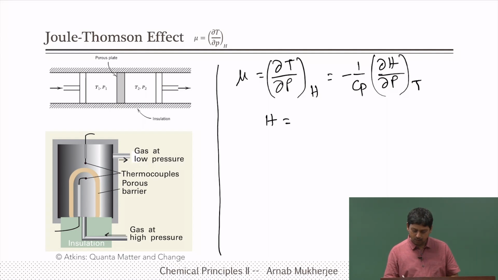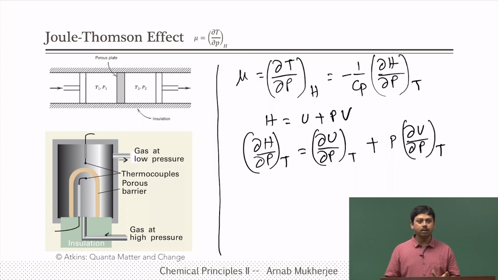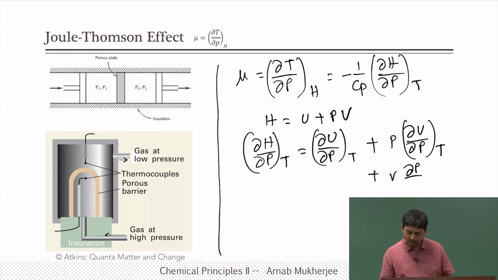So, we know that H is equal to U plus PV. So, del H by del P at a constant temperature is del U by del P at a constant temperature plus P into del V by del P at constant T, plus V del P by del P at a constant T. Now, del P by del P is basically 1.